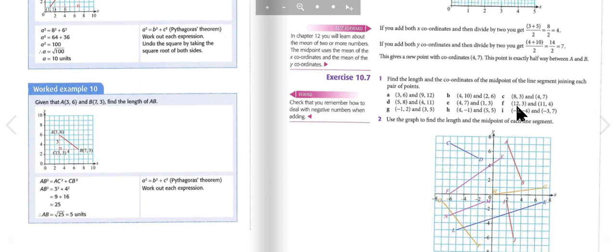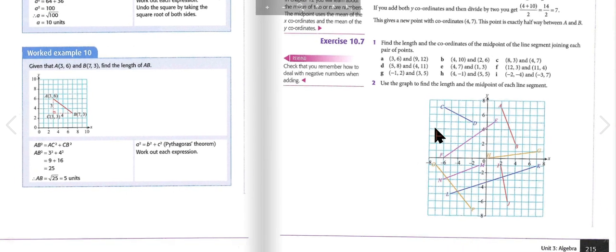The midpoints of these are (6, 9), (3, 8), (6, 5), (4.5, 9.5), (2.5, 5), (11.5, 3.5), (1, 3.5), (4.5, 2). And for the final one, it is (-2.5, 1.5).